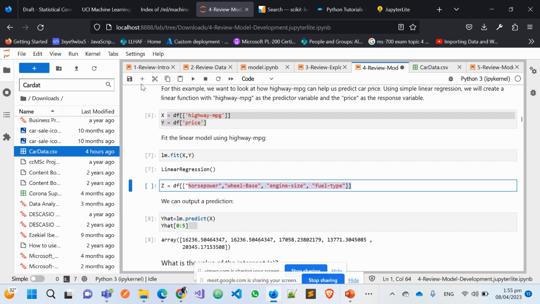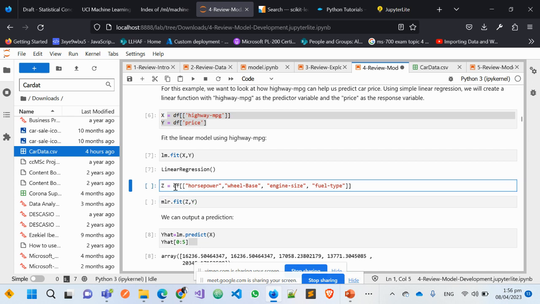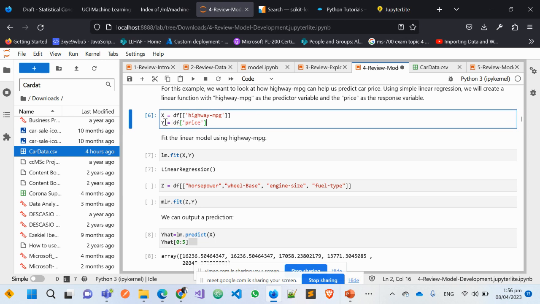If you are to fit this based on multiple linear regression, you can call your variable MLR equal to MLR dot fit Z by Y. So Z is holding the four columns. You're fitting it against price, which is this as identified here. I don't know if that's clarifying for you.